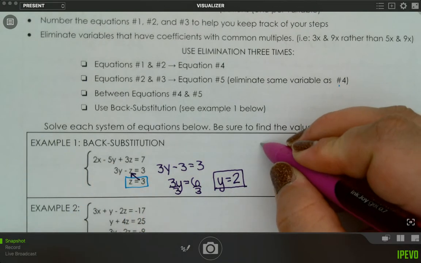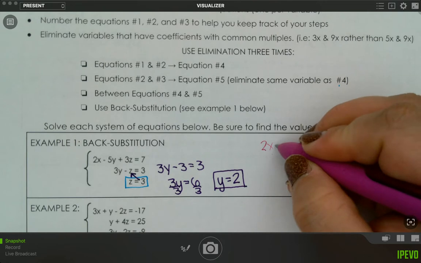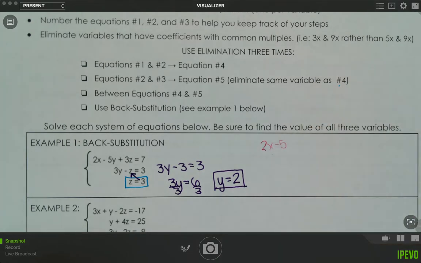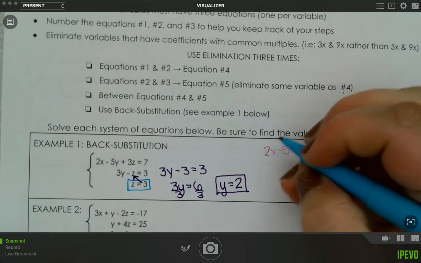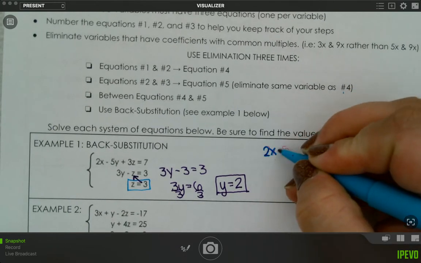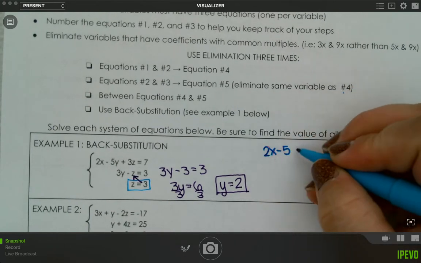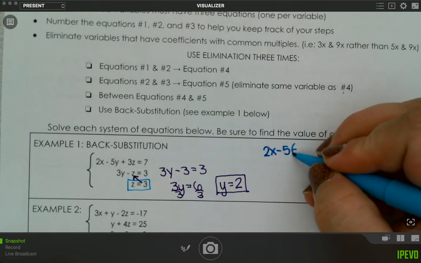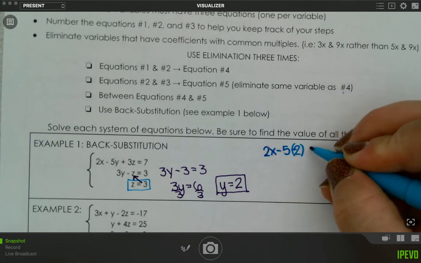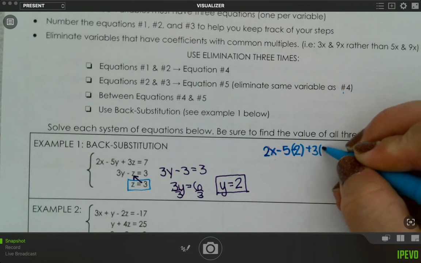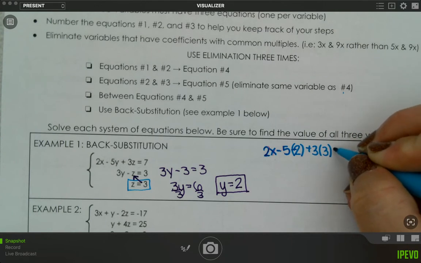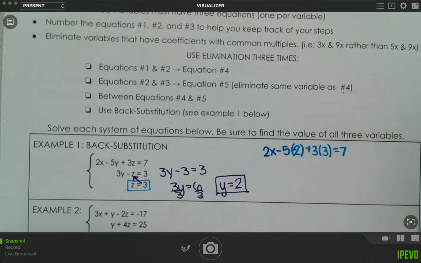So it'll be 2x minus 5. Get a different color because that's not working very well. Let's try again. 2x minus 5 plus 5 times 2, plus 3 times z, which is 3, equals 7.